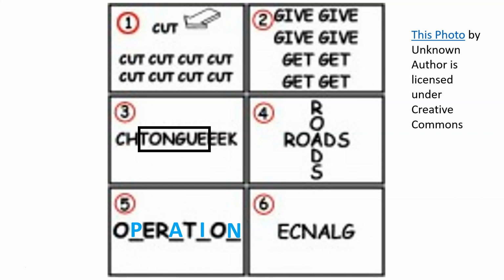So this is a painless operation. And number 6 is the word glance written backwards. Again, looking for words that are written backwards is definitely a strategy. So this is a backwards glance.